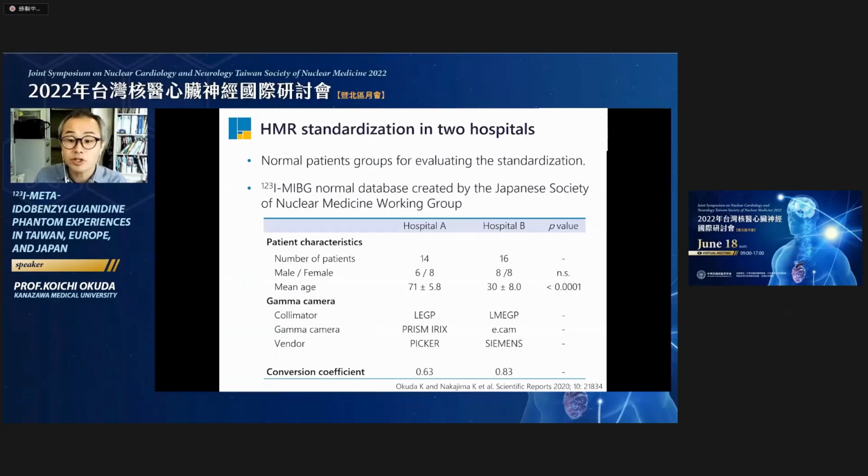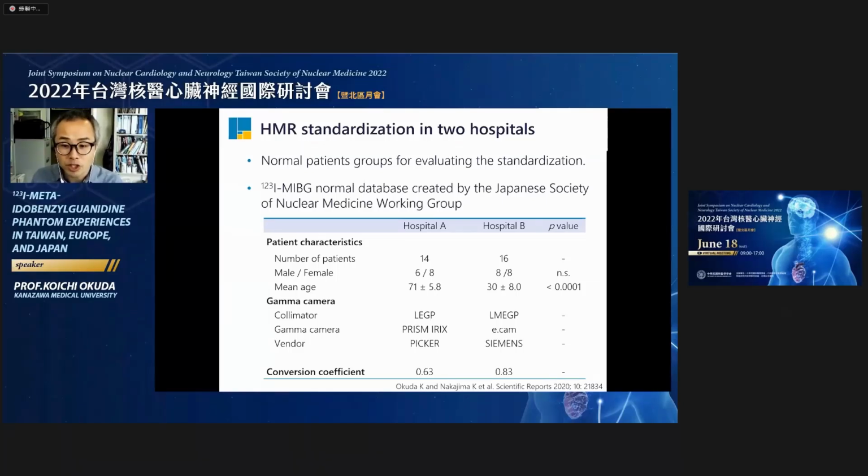Here is a validation study for HMR standardization. We used two normal patient groups for evaluating the standardization. These patient groups were created by the Japanese Society of Nuclear Medicine Working Group.